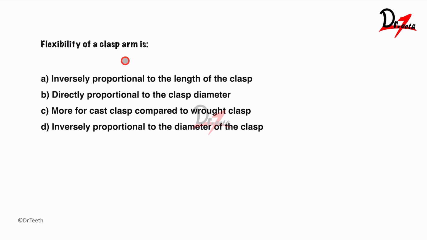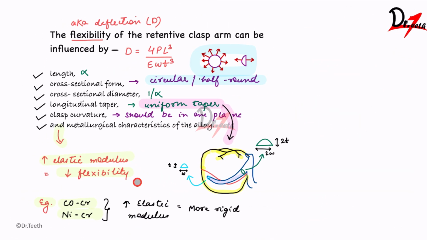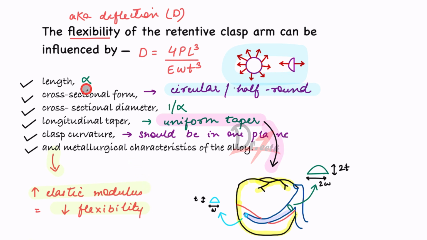Now, I'm already making notes on cast partial dentures and that will be available within a couple of days, but for now I'll just share a little portion of my digital notes and explain the question. The flexibility, aka deflection, of the retentive clasp arm can be influenced by this formula: D is equal to 4PL cube divided by EWT cube.